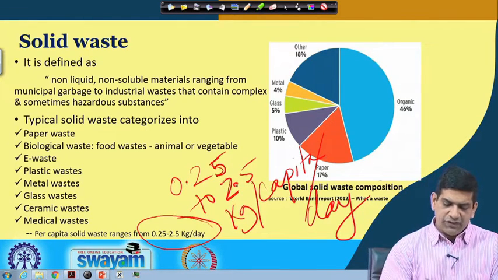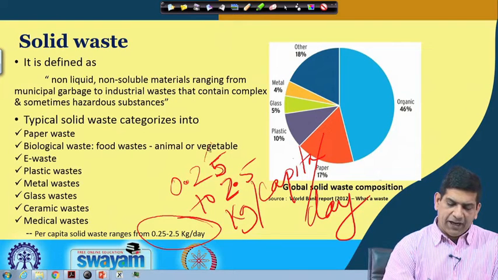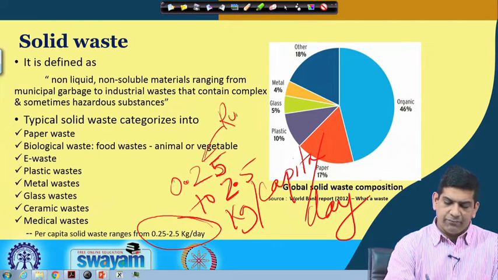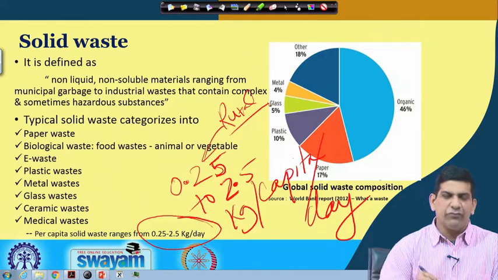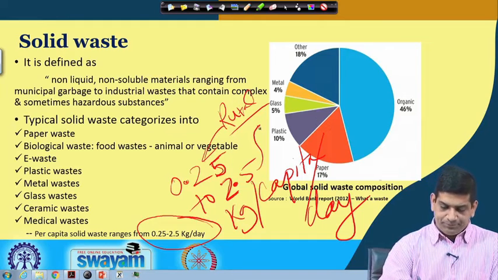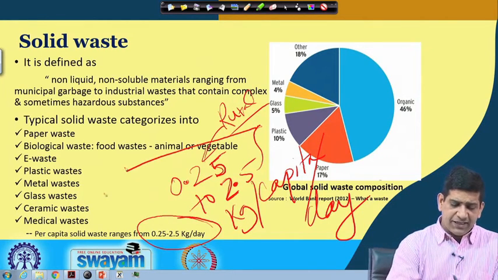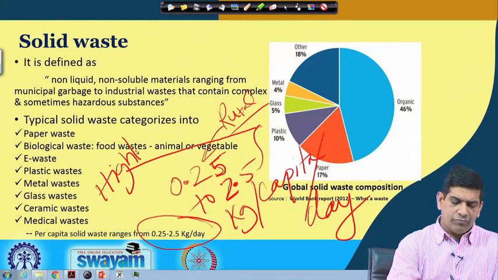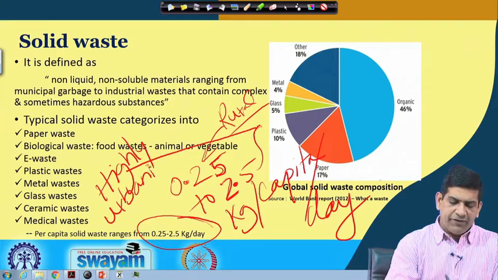Usually you will see 0.25 mostly in rural areas, where very little waste is produced. 2.5 is in highly urbanized areas, as well as, I would say, very rich neighborhoods.